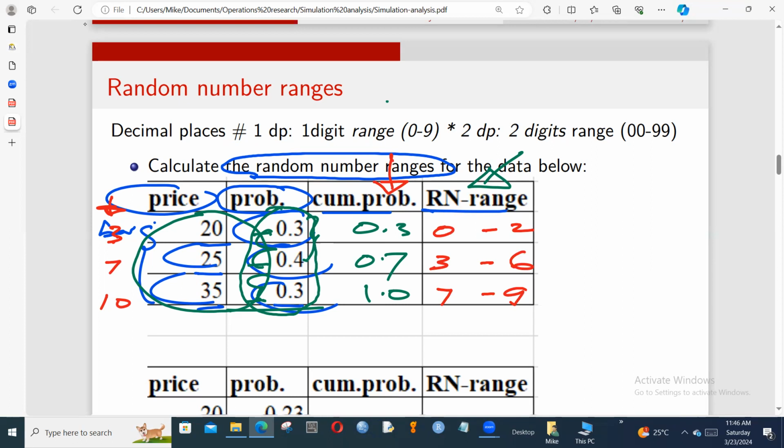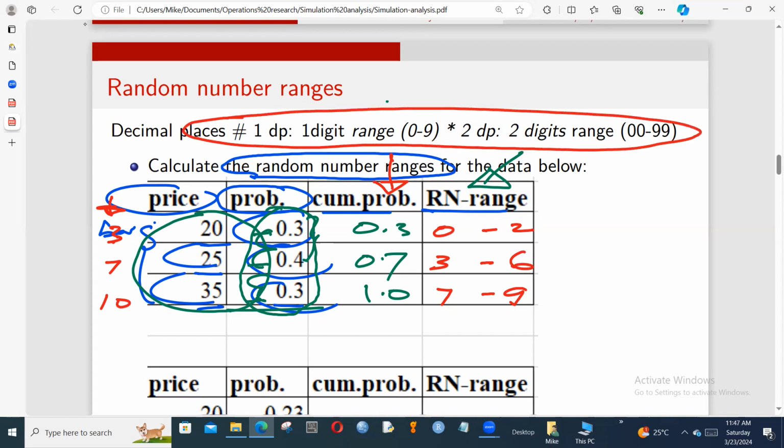In fact, if you check my hashtag in my first statement here, which I first of all omitted, I said that when the cumulative probabilities are in 1 decimal place, we expect the range of numbers to lie from 0 to 9, such that 0 will be the first one and 9 will be the last outcome.